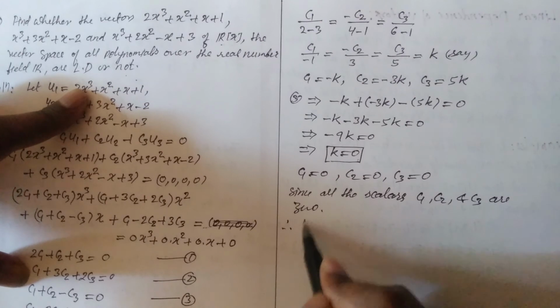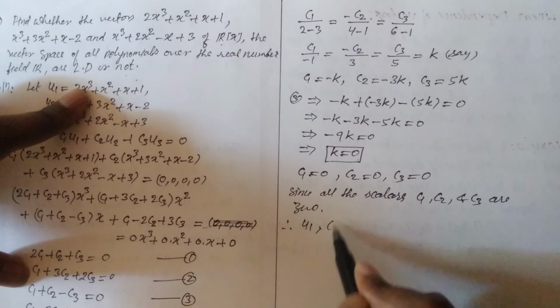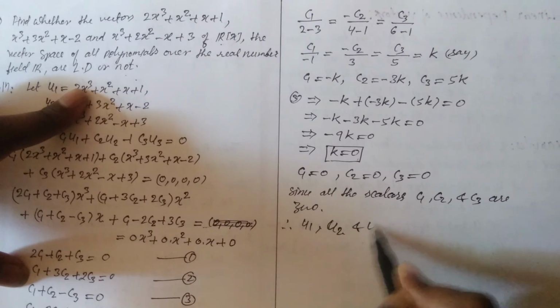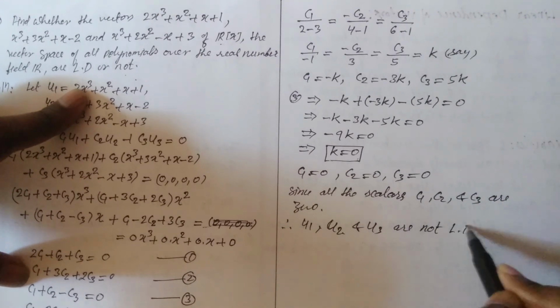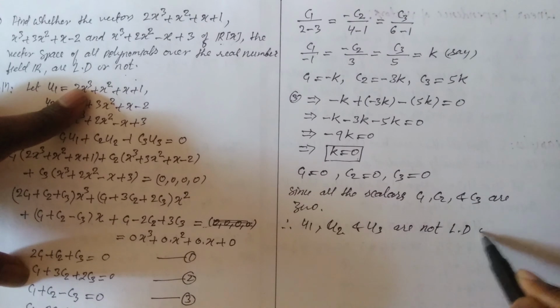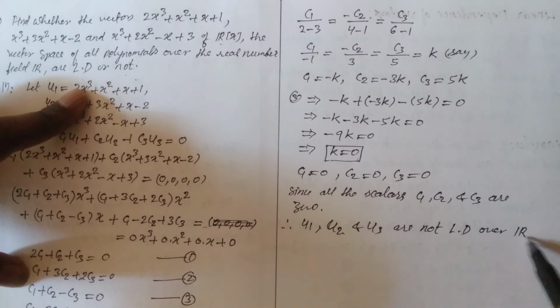Therefore u1, u2 and u3 are not linearly dependent over the field R. So this completes the problem.